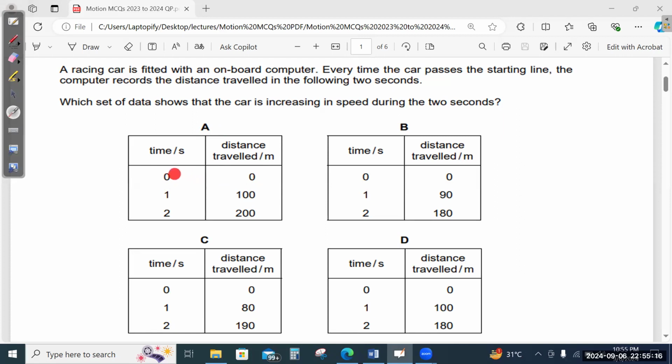In the first second the body covered 100 meters, and in the next second it covered 100 plus 100, 200. Equal distance is covered in equal time interval. That is why in this case the speed is constant. So I will write here that the body is moving with constant speed in the first option.